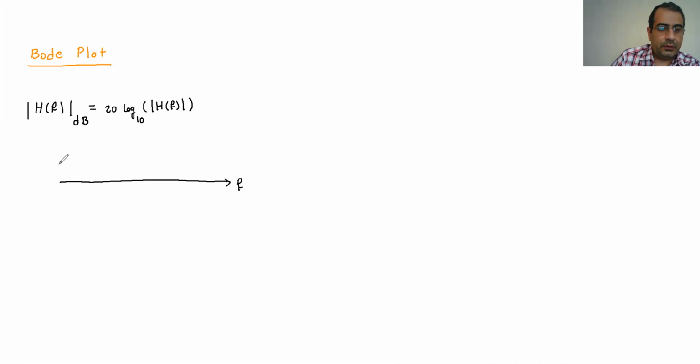And then I draw the magnitude of H(f), the magnitude of the filter in decibel. This one is in log scale, so we draw it in the log scale.